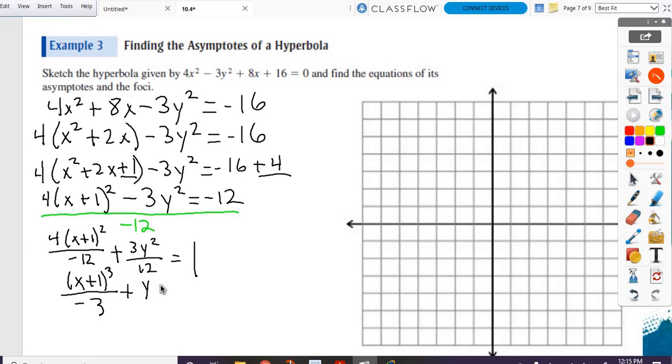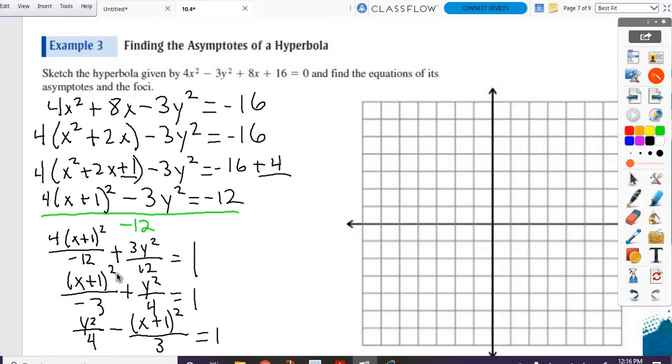And 3 goes into 12 4 times. But notice that since my signs have now flipped, I also want to flip the order of my variables. So that would be my final equation.